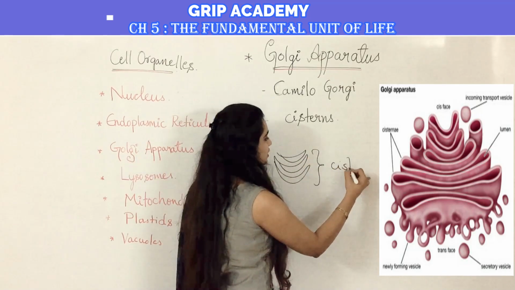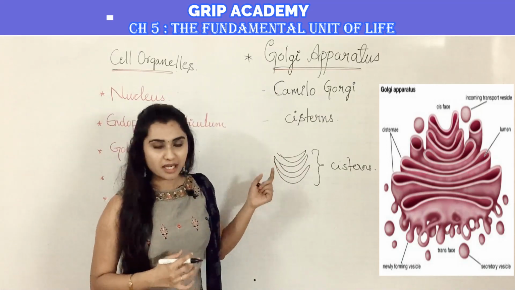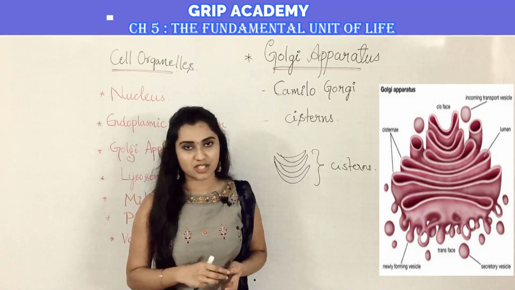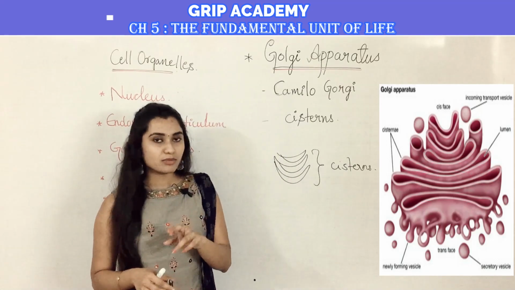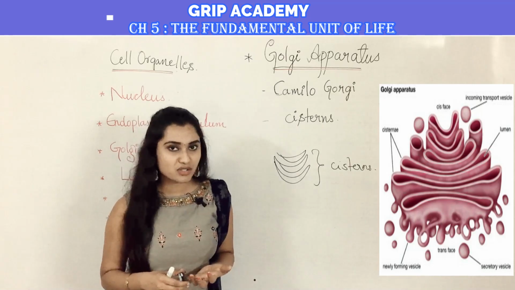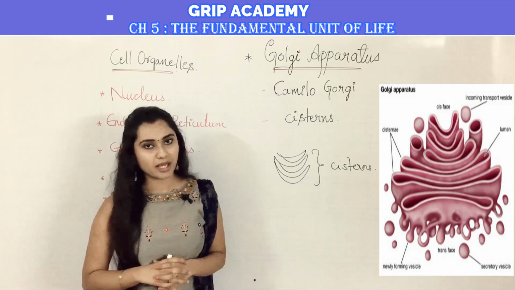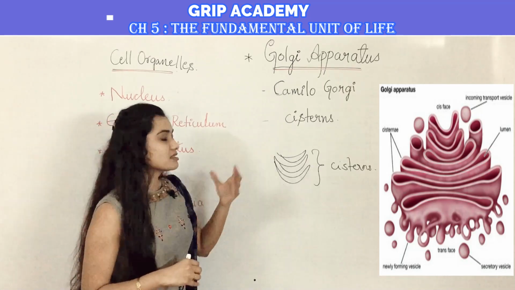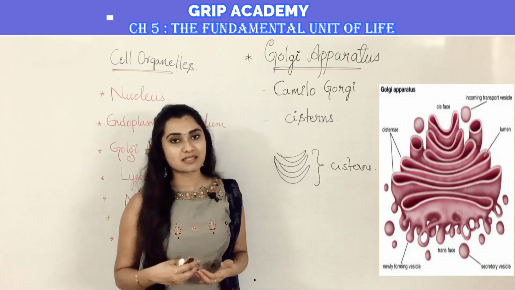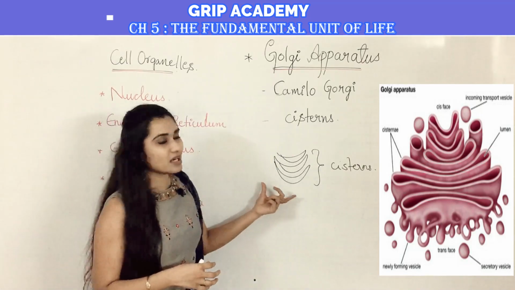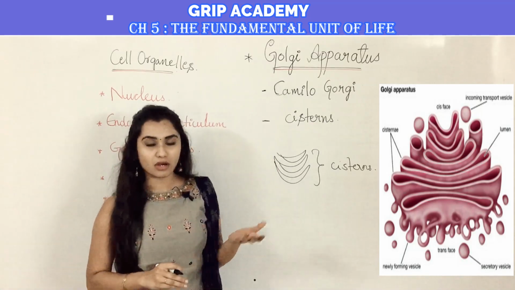These are called cisterns. Usually the Golgi apparatus lies next to the endoplasmic reticulum because its main function is transportation. The endoplasmic reticulum produces lipids and proteins, while the Golgi apparatus handles transportation, storage and modification. For example, simple sugars are stored in the Golgi apparatus and made into polysugars. So this is all about the Golgi apparatus.